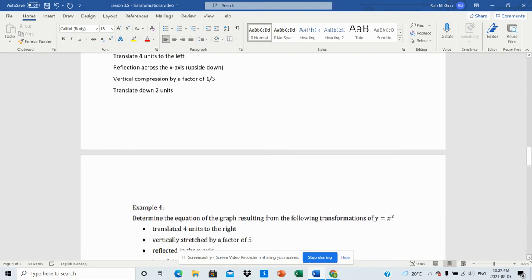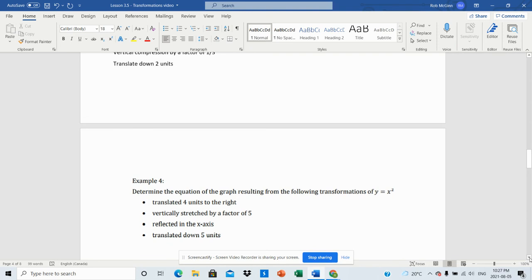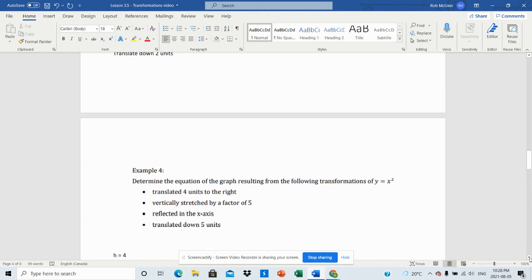All right. Example 4. Determine the equation of the graph resulting from the following transformation of y equals x squared. So here, once again, it's going to give us what's happening in words. We're going to want to figure out what that equation is. So, translated 4 units to the right, well, that tells us that h is 4.